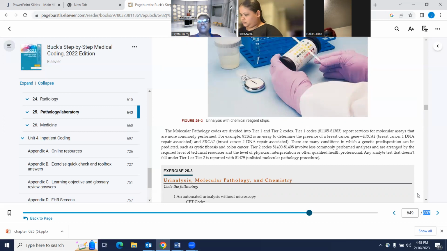It's being recorded so you can go back and review. This is also found in your PowerPoint slides, so please review your PowerPoint slides. How many levels of surgical pathology are there?